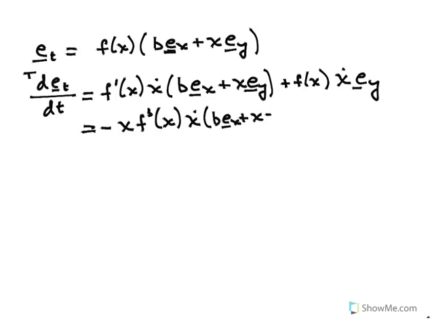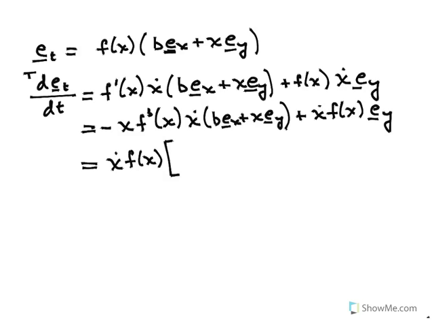So this is equal to minus x times f cubed of x times x dot times (b e_x plus x e_y), and then plus x dot times f of x times e_y, which, if I simplify further, you see that there's an x dot and an f of x common to both of these terms. And as a result, I can factor out the x dot times f of x.